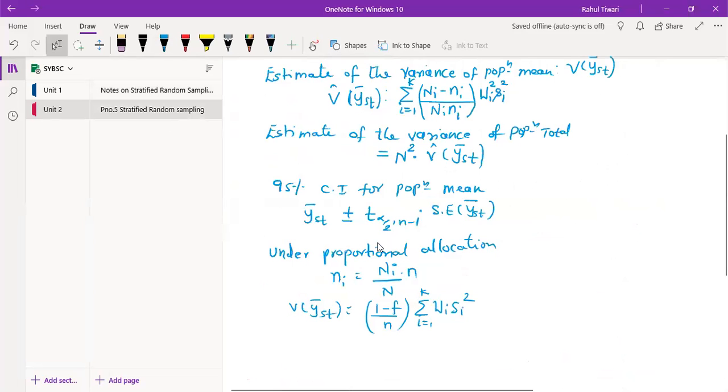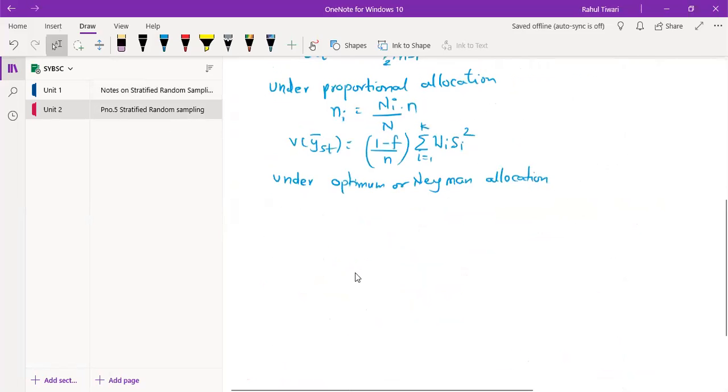If we need more things, we can go on adding. This is the formula: Ni is equal to small n. What could that be?